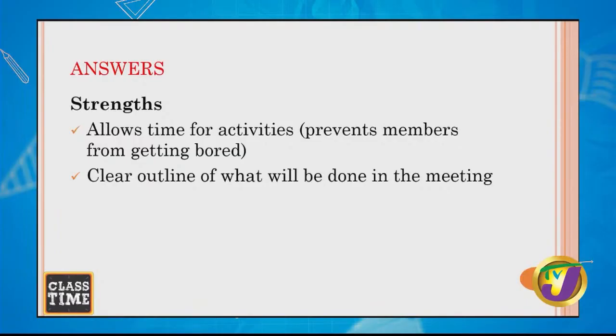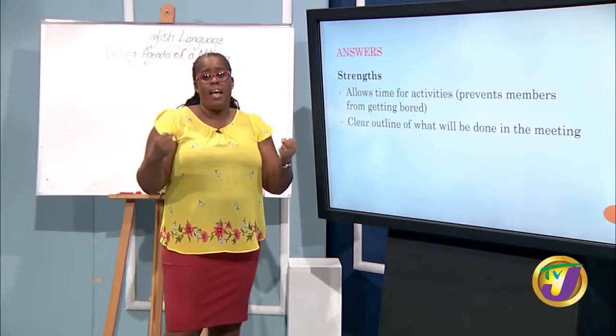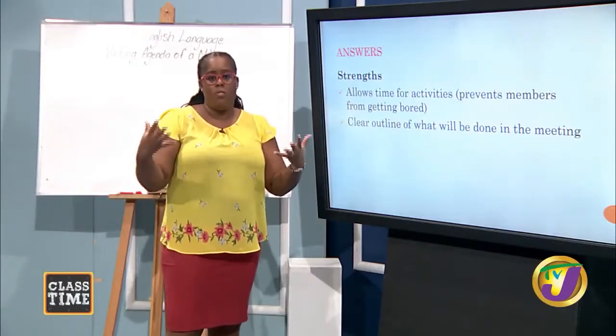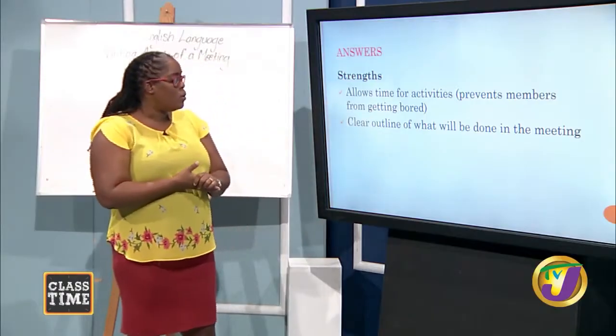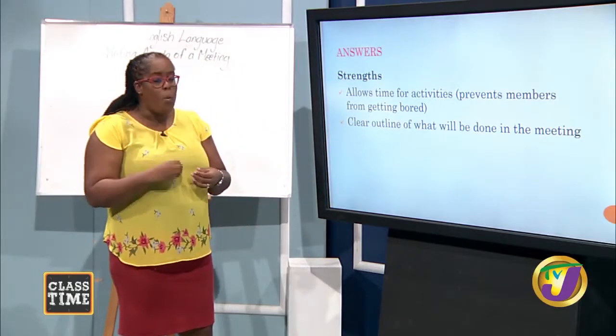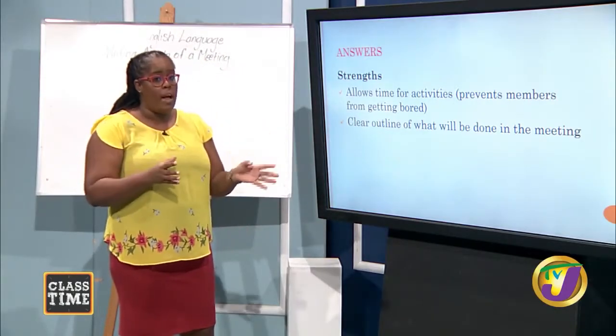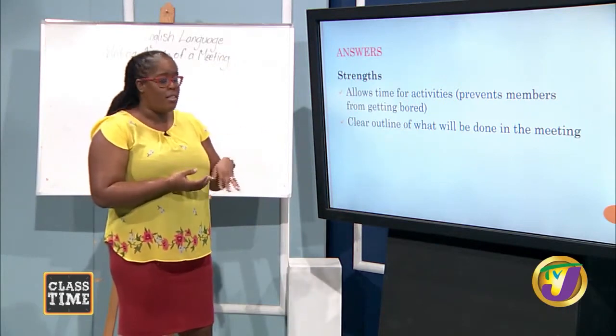You don't want a person sitting down for too long. If the meeting is long, let them get up and stretch their legs and have refreshments, and this meeting agenda allowed for that. Also, a clear outline of what will be done in the meeting. It was very good as it relates to that.